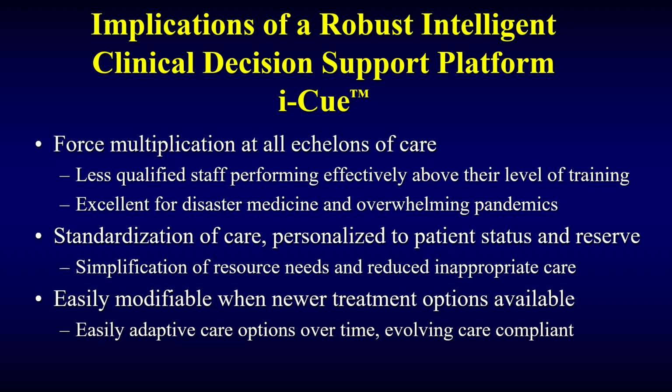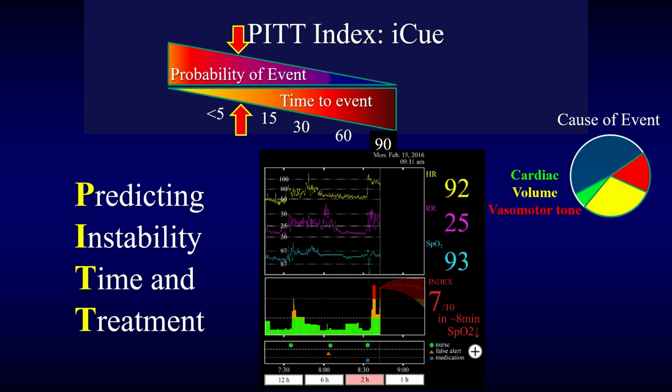So we developed this graphic user interface that gives us an index, a PIT index of IQ. And PIT stands for predicting instability, time, and treatment. What you see at the top is the probability of the event. On the bottom, the time to the event. And then a classic time series analysis of heart rate, respiratory rate, and O2 sat, plus the index of how it goes up, color-coded for the degree of severity, and then a prediction of when crashing is going to occur.